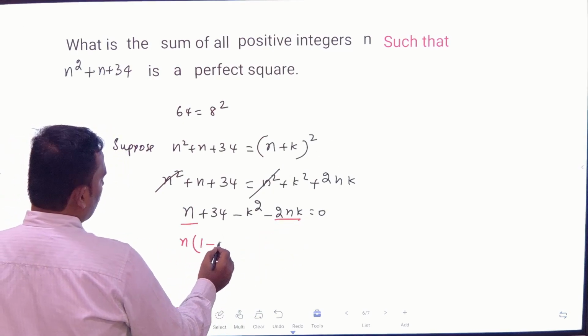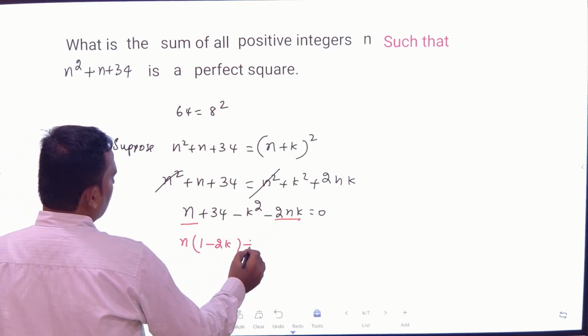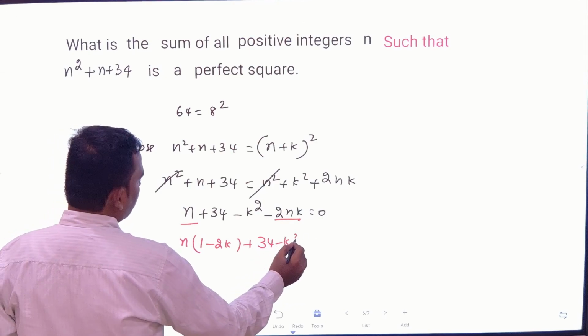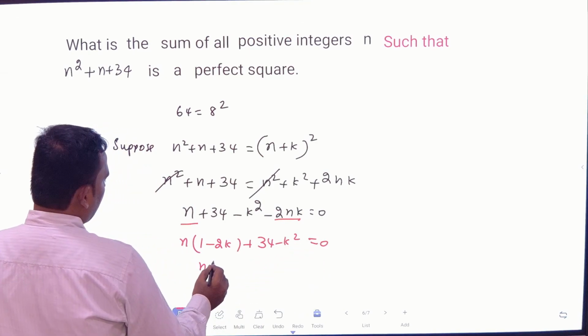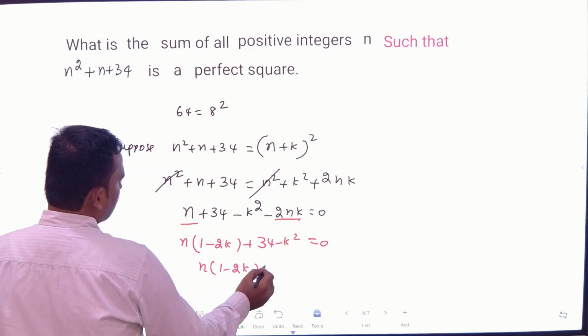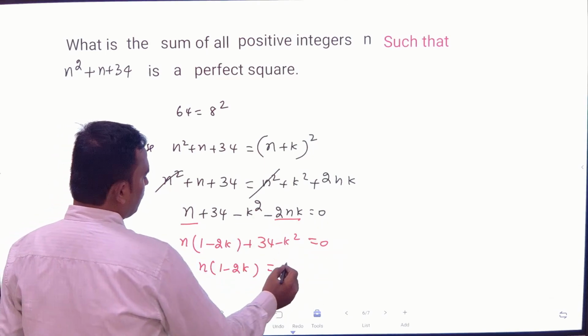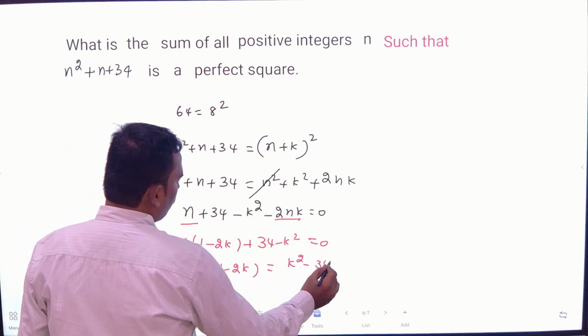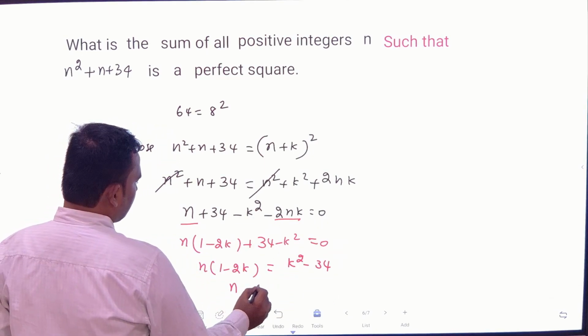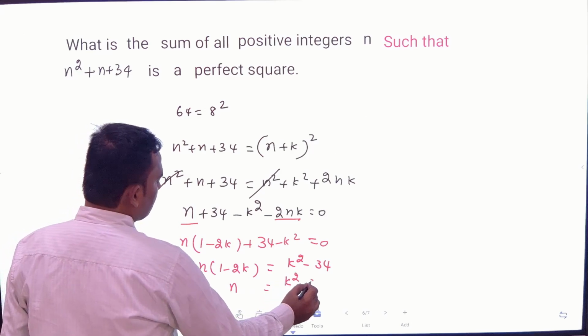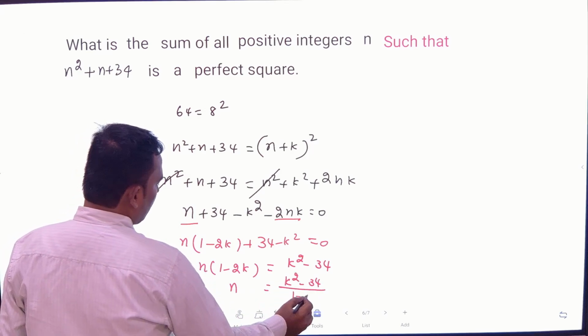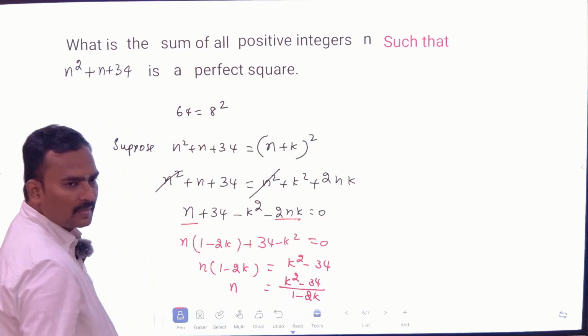If you take n common: n into 1 minus 2k plus 34 minus k square is equal to 0. So n into 1 minus 2k is equal to, sending to the right side, k square minus 34. Therefore n is equal to k square minus 34 divided by 1 minus 2k.